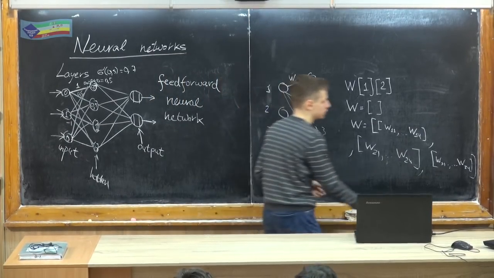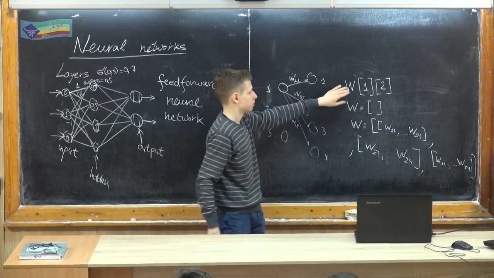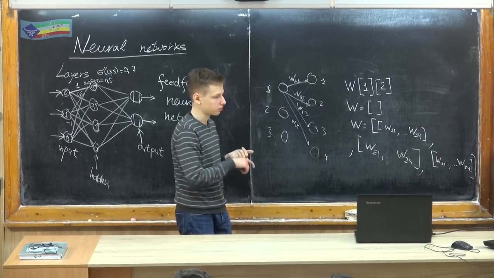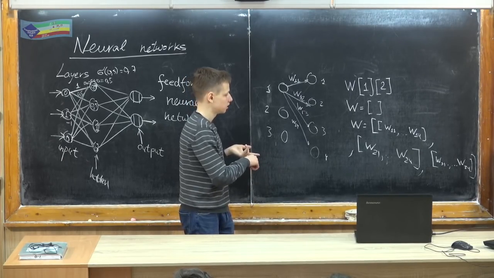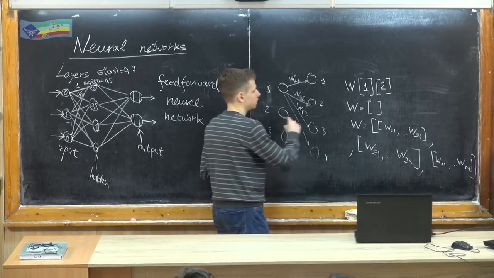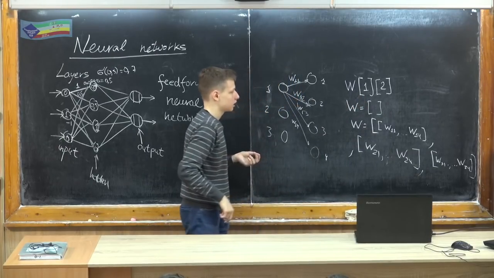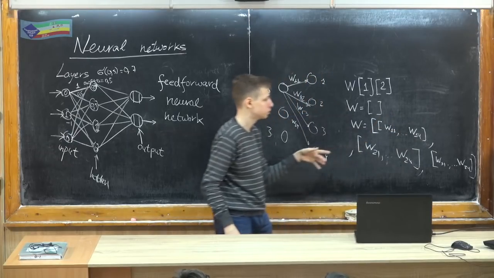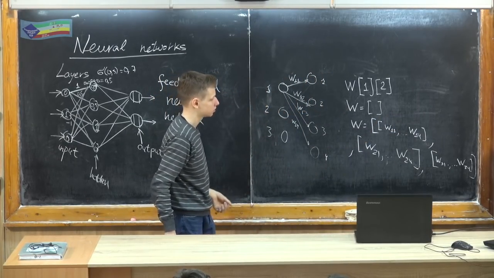And then we can access all these weights if we want to by the following structure. For example, we want the weight which is coming from the first input neuron and goes to the third hidden neuron. In that case, we first use square brackets and write 1, and then we access the list of connections going from the first input neuron.